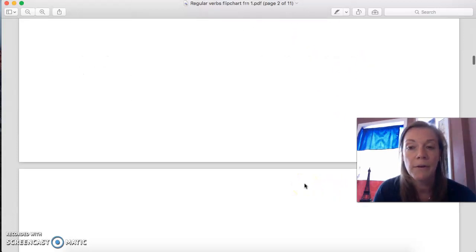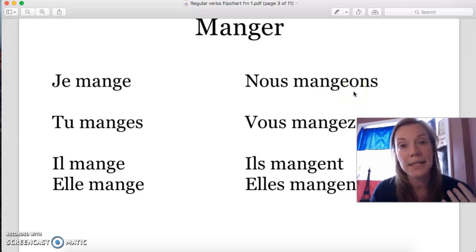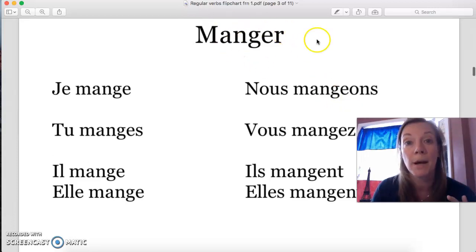However, with a verb like manger that ends with a GER, you have to keep the E. That's just for pronunciation because the G by itself is a G sound. So nous mangons just doesn't sound right. It's nous mangeons. That E makes it able to be pronounced with a soft G. So that is a special trick to remember for manger.